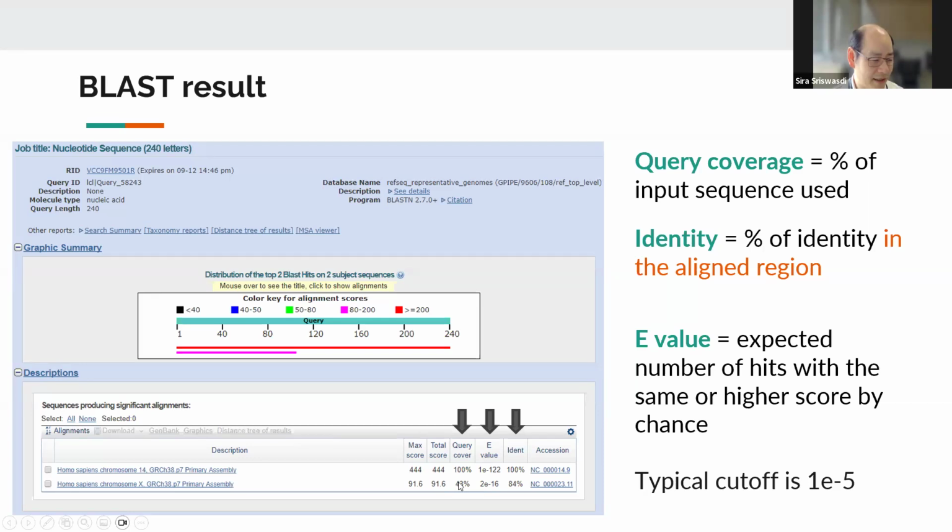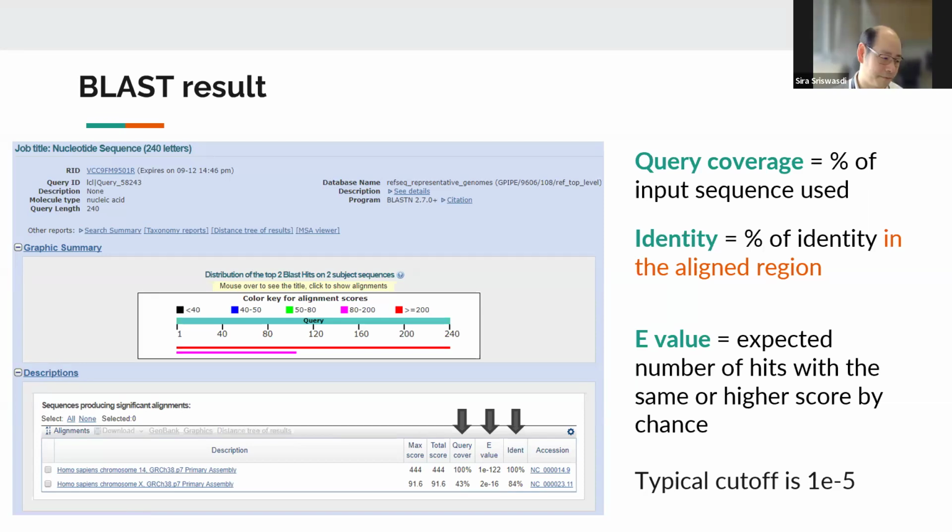But the second hit only covers 43% of your sequence, so less than half. But within that 43%, the match is 84%. So within that 43% of your sequence, most of them are matches. Only 16% are mismatches.